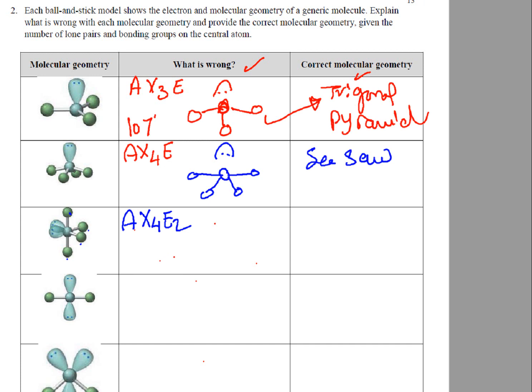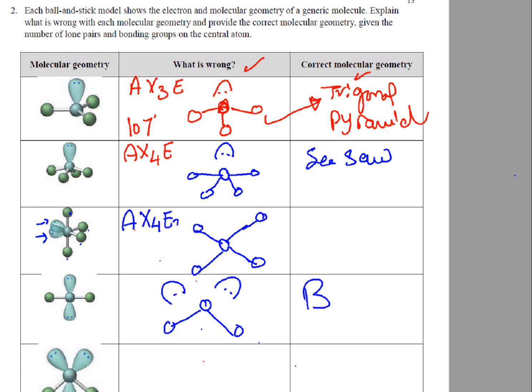So the normal geometry will be octahedral, but it will be altered due to the presence of the lone pairs. In this case, the lone pairs should go as far as possible in space, and this will be the correct geometry of the molecule. In this molecule, we have a central atom surrounded with 2 other atoms, and we have 2 lone pairs. They should be like this, and the molecular geometry should be bent, and so on.